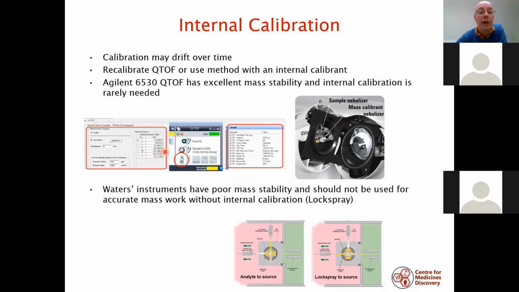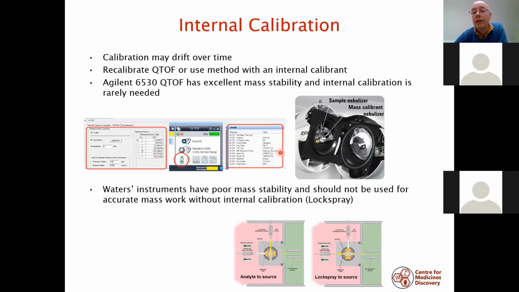It's usually one of the external calibrants. In this case, the one chosen is mass 1221, and that is sprayed continuously at a very low level at the same time as you're doing your experiment, and there is a continuous internal correction based on that mass.